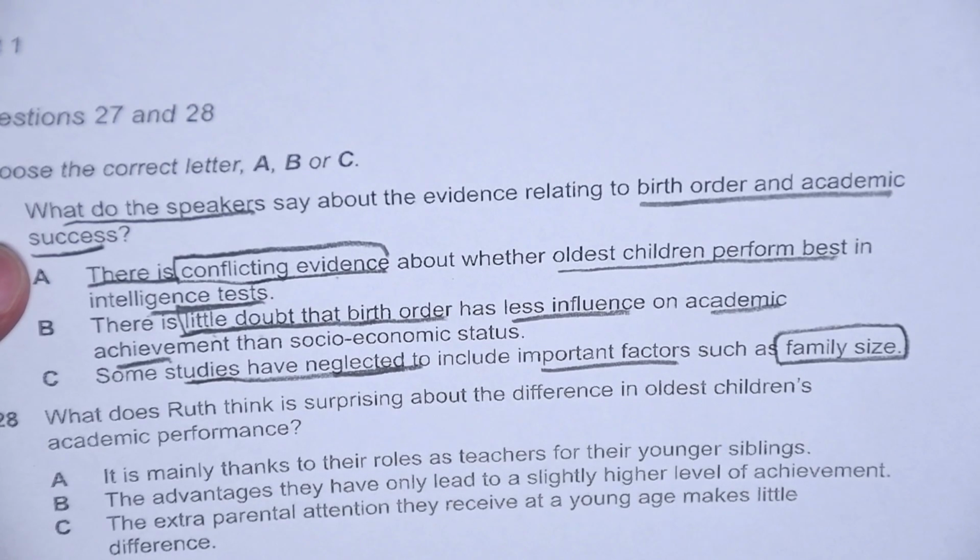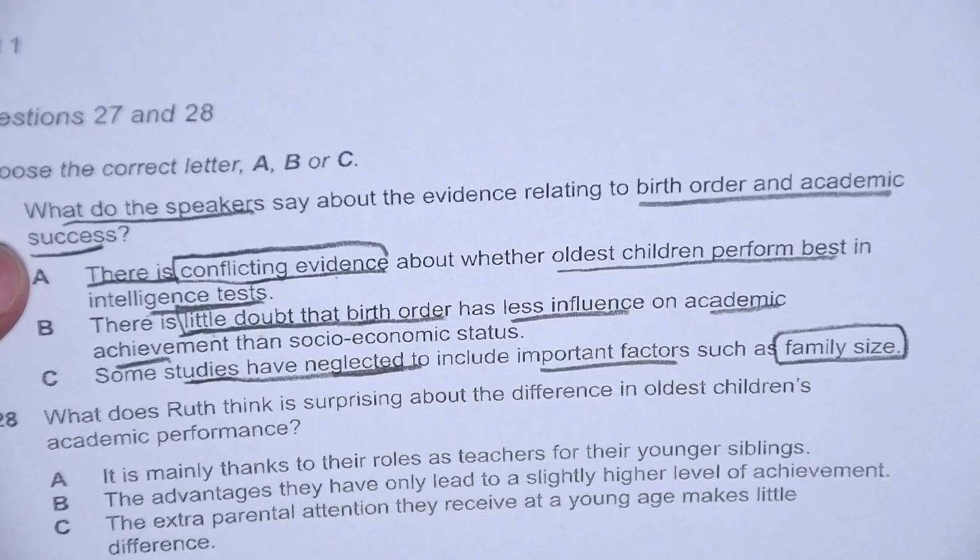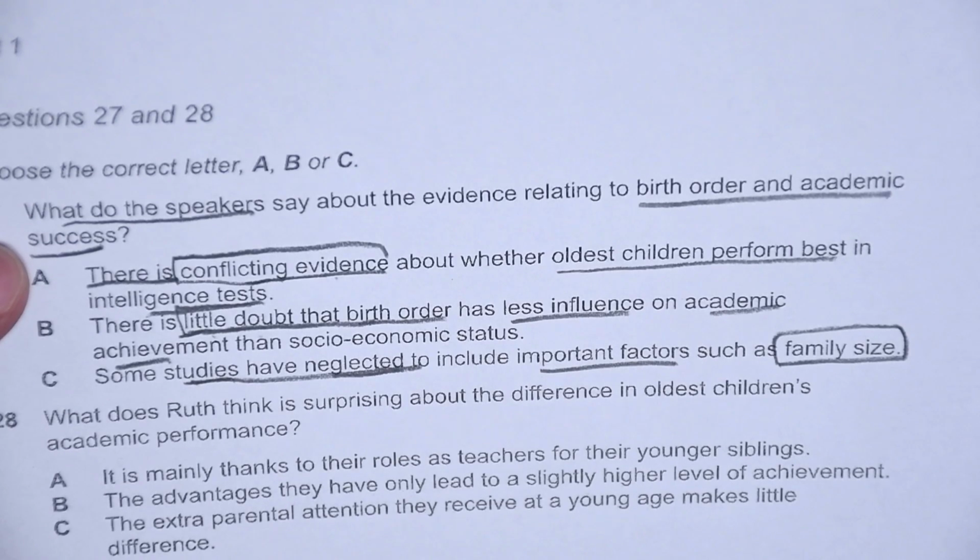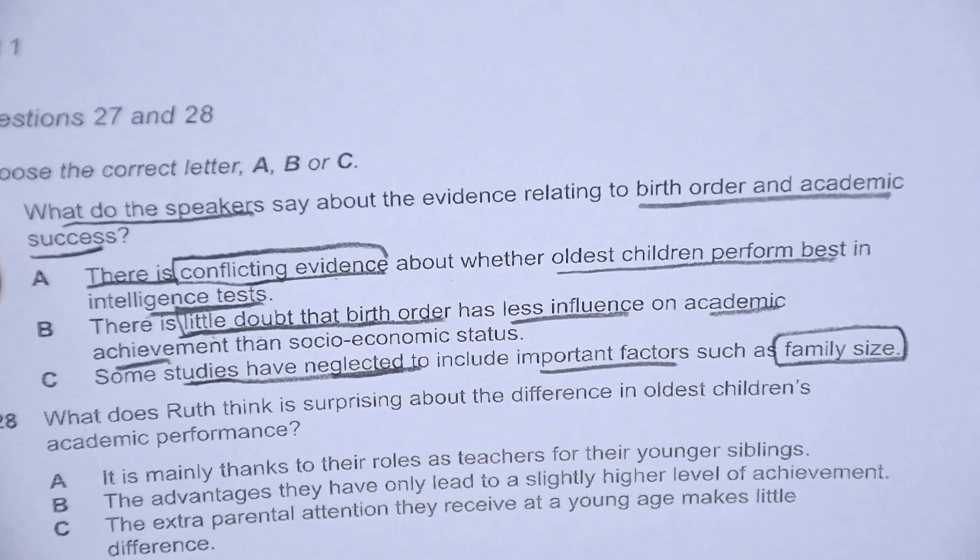Now Ruth says, some of the old research, now see they are coming to the point, some of the old research into the relationship between birth order and academic achievement has been proved to be accurate. Right? Now what is that?